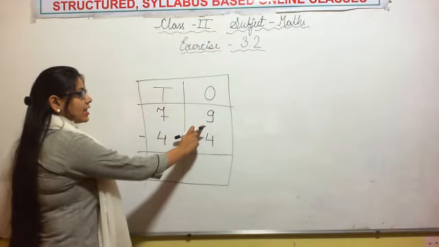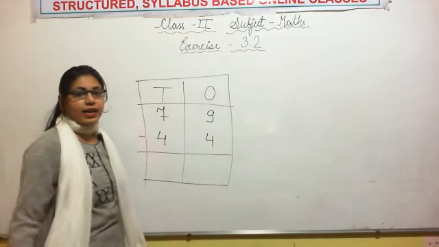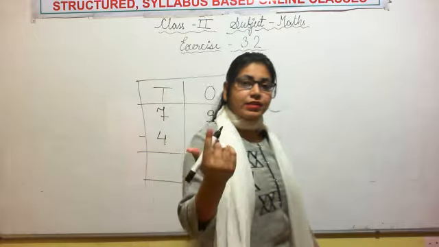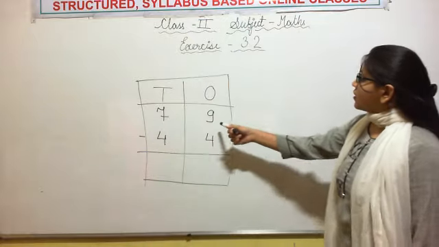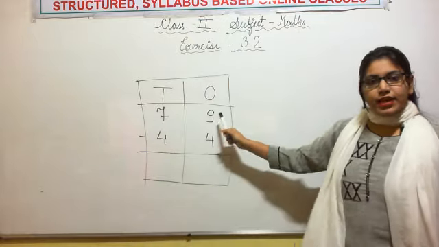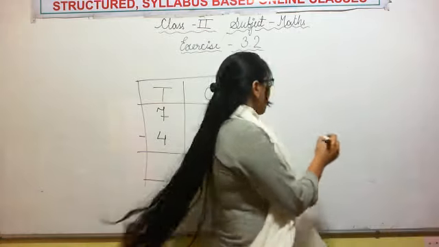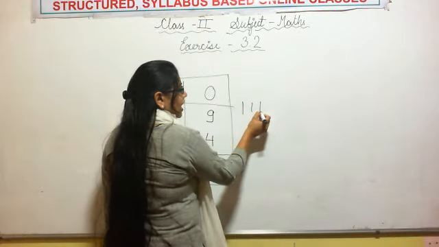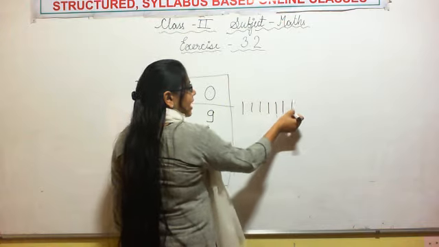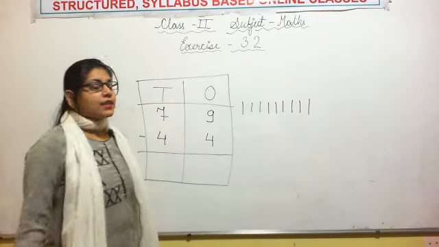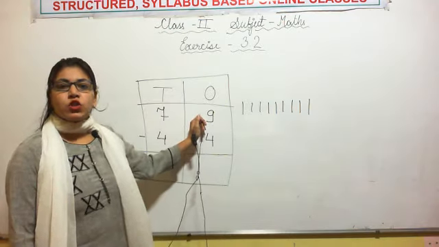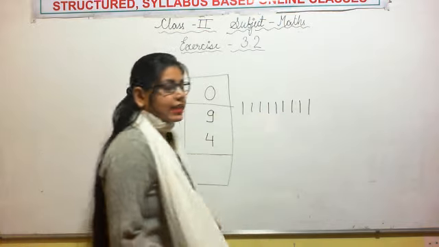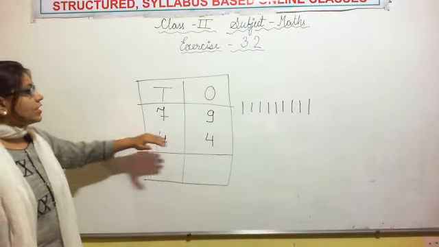First of all the number 9 is there. So our very first step is drawing of these number sticks. 9 is there, so we will draw 9 sticks. Let's draw 1, 2, 3, 4, 5, 6, 7, 8 and 9. Now minus 4.